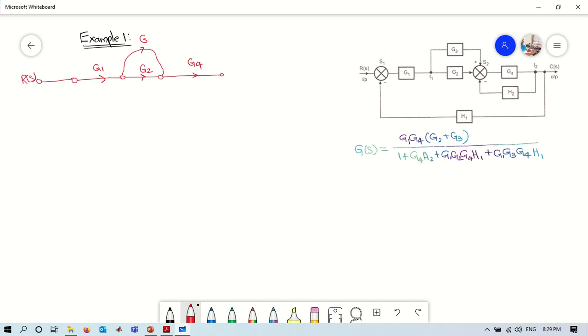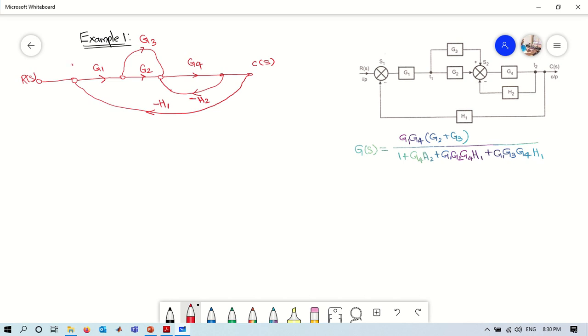From here to here I have this G3, and then the output. From here to here, the feedback path.